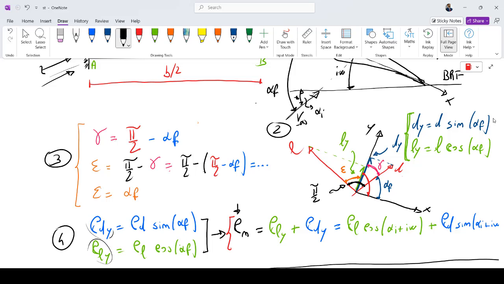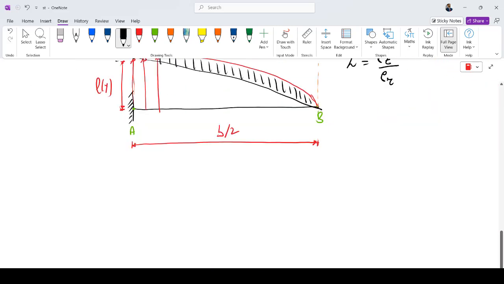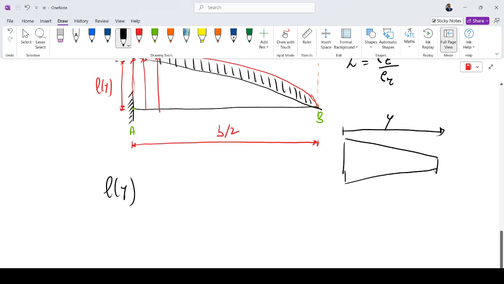And the distribution of CD along the wing, so we can recalculate the normal coefficient. When we obtain the normal coefficient, we can calculate L as a function of y, because we know that in a wing the coordinate along the span is y, and the other coordinate along the fuselage is x.